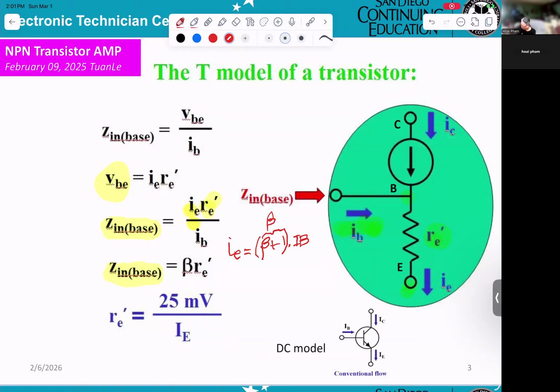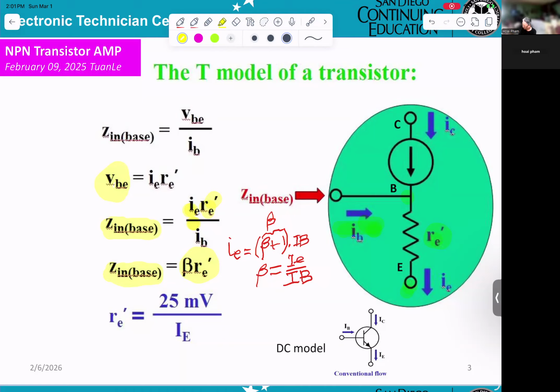So we substitute into the equation, you get IE over IB, which equals beta. So that's why they come up with this equation, beta r'e.